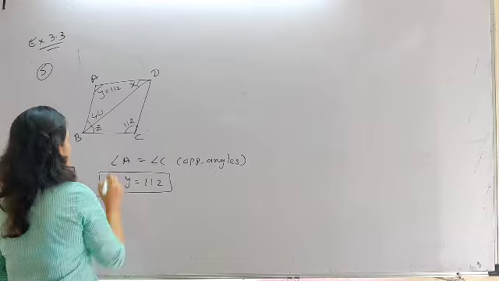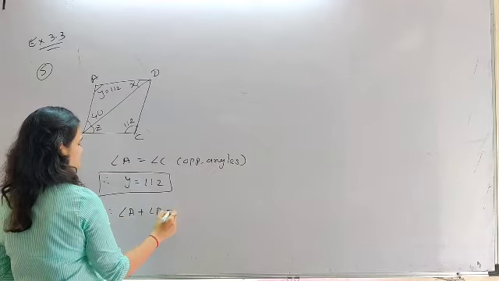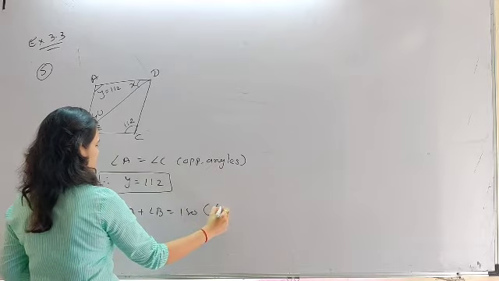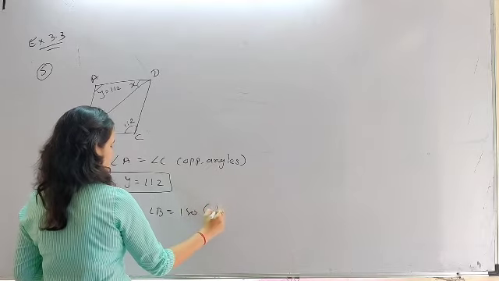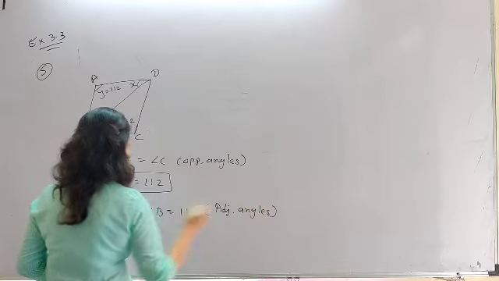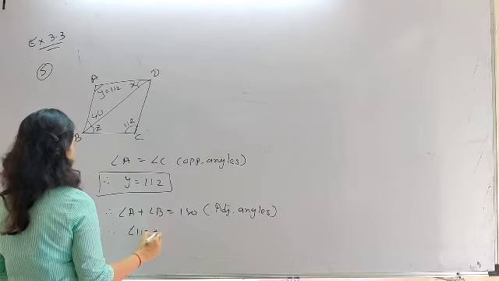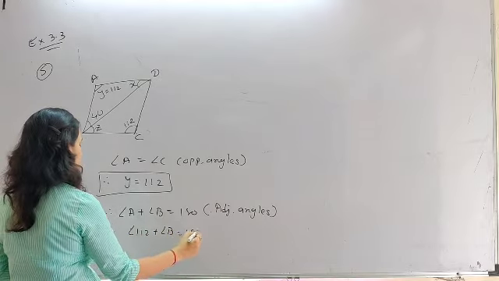So here, angle A plus angle B is equal to 180, that is adjacent angles. Therefore, angle A we know is 112 plus angle B is equal to 180.